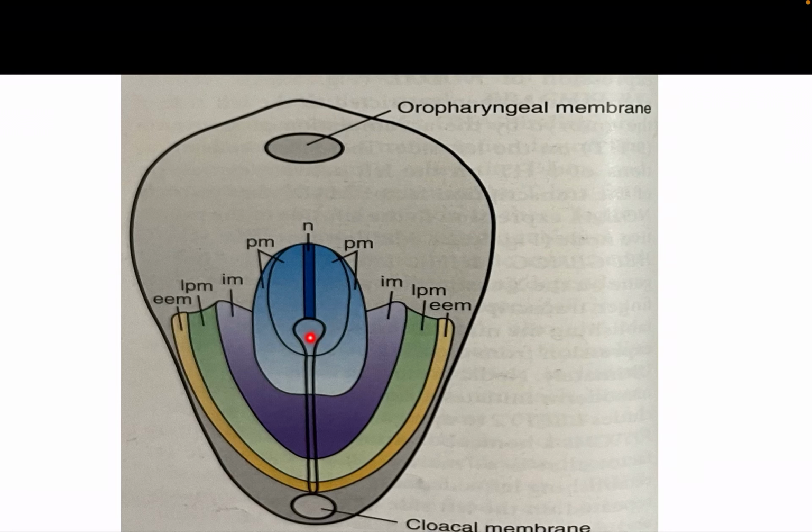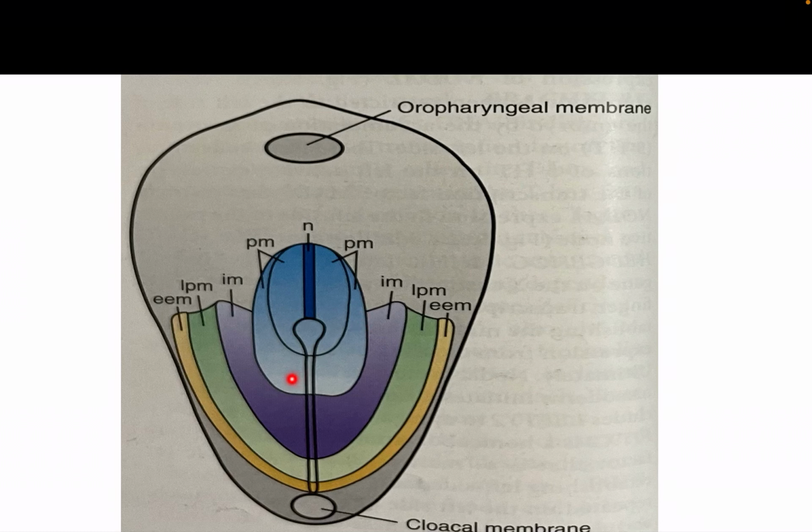So from the primitive node four things are derived: the precordal plate here, the notochord behind that. The extent of the notochord is from the precordal plate up to the primitive node. Third, not shown over here, is cardiogenic mesoderm. Fourth is the medial half of the paraxial mesoderm.